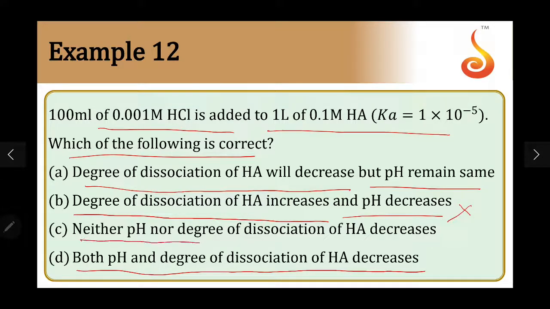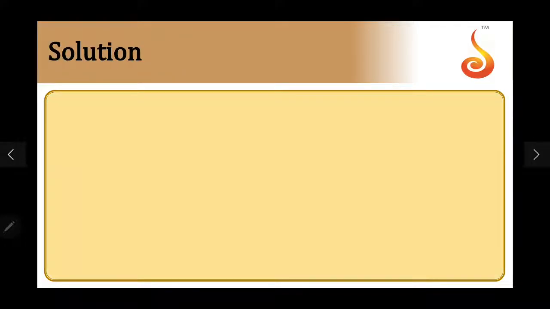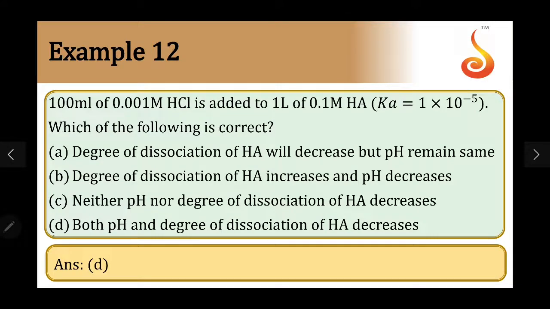Neither pH nor degree of dissociation decreases, also wrong. This also wrong, and this is the right answer. It's a conceptual question. So when you add a strong acid to a solution of weak acid, definitely degree of dissociation of weak acid decreases, also pH will decrease. So option D is the answer.